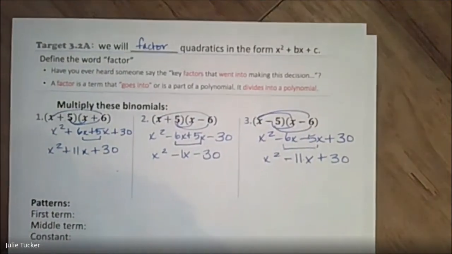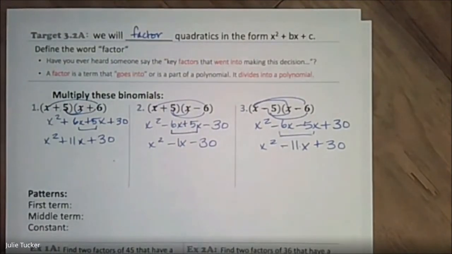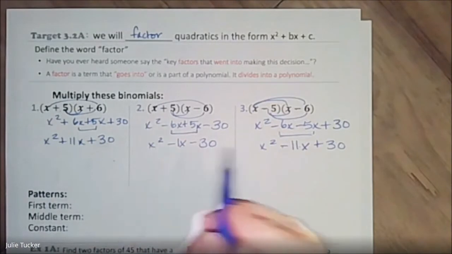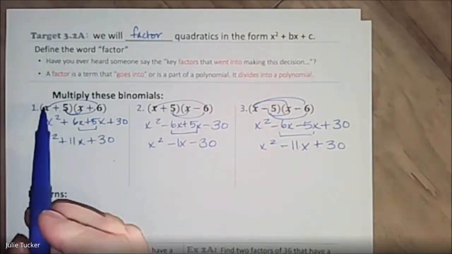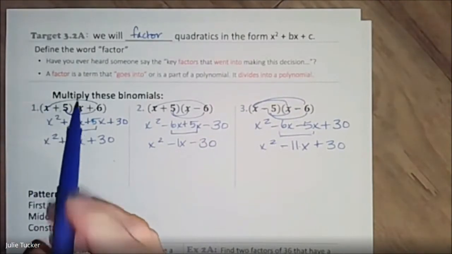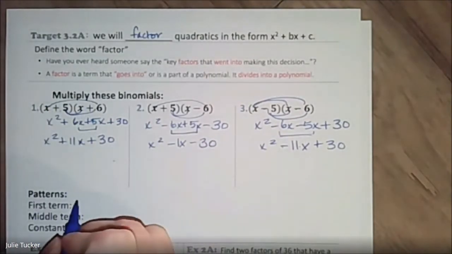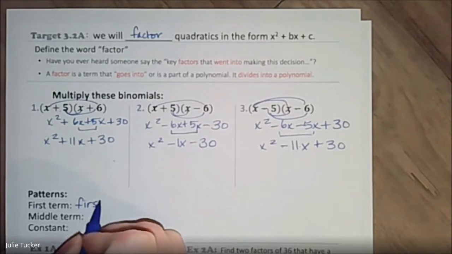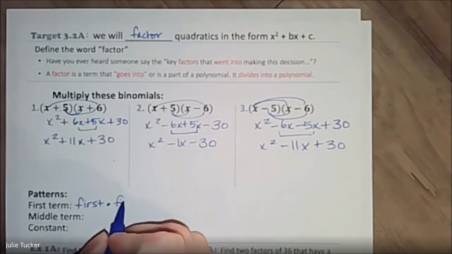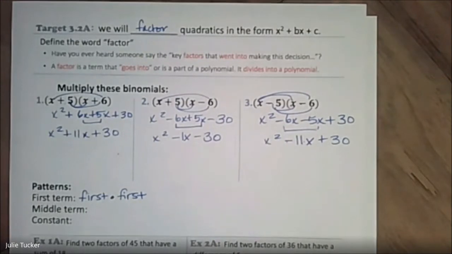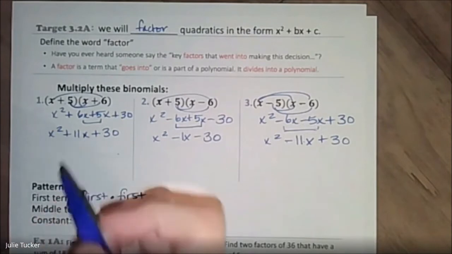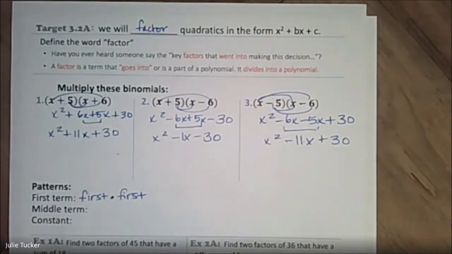So if we were going to talk about patterns, we could say that in all of these, it starts with x squared, and that x squared is coming from x times x. So the first term comes from the first times first, the first one in each parentheses times the other one. Then the middle term of your answer, here, let's highlight this.